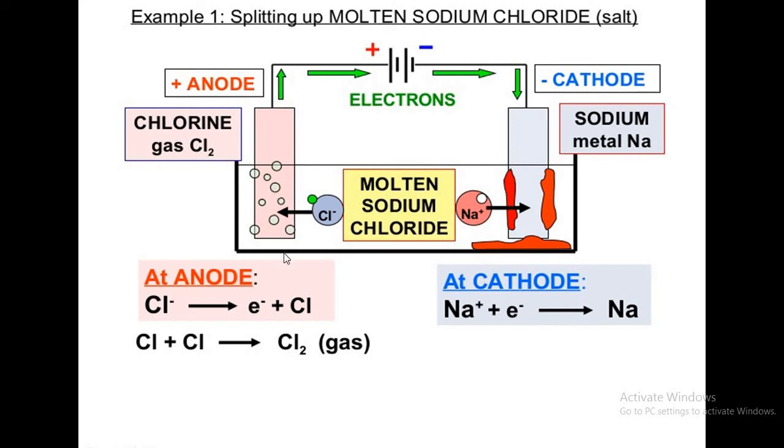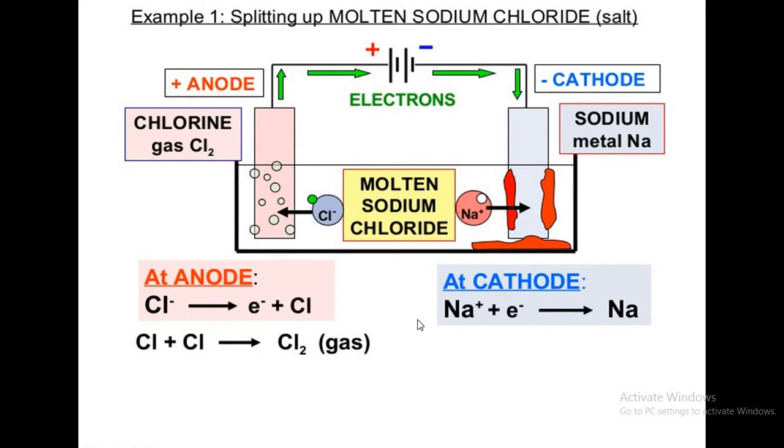These bubbles represent the production of chlorine gas, and sodium goes to the negative electrode and gets reduced by gaining the electron. The sodium metal can be represented like this, in molten form, discharged at the electrode, and chlorine is produced as a gas.